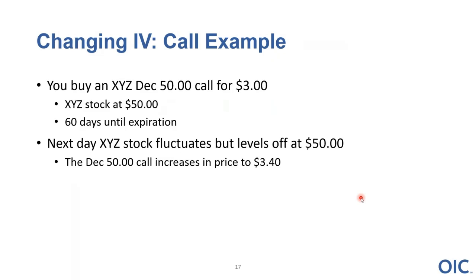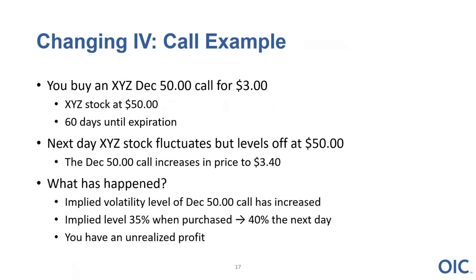Well, logically, because the stock didn't move higher, some time may have passed. You might be surprised by this. But what has happened? The implied volatility has increased. In other words, the demand for your 50 call has increased for some reason. Maybe there's news that has now been put on the calendar, or an announcement by this company that has changed the potential for future stock price movements. Maybe something's happened in its industry.